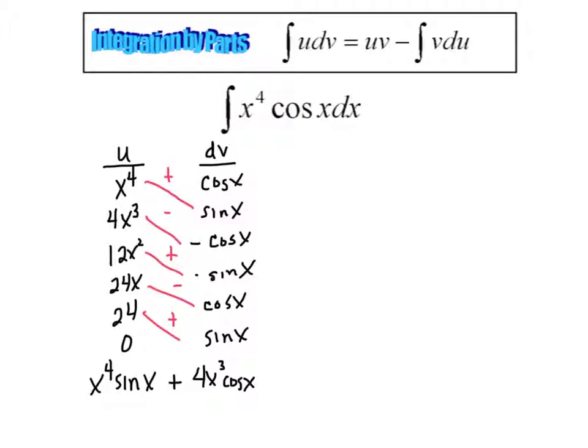Then we have a positive, but it's 12x squared multiplied by negative sine, so that's negative. And then we've got negative 24x cosine x, and 24 sine x, plus c.